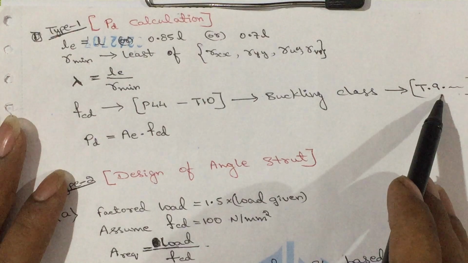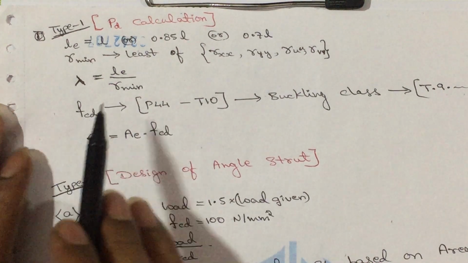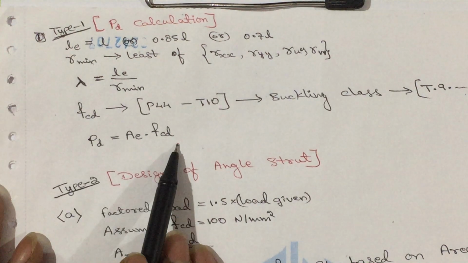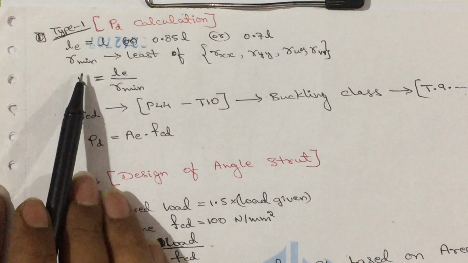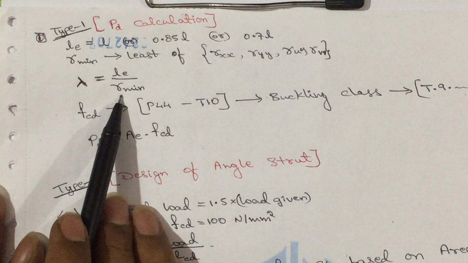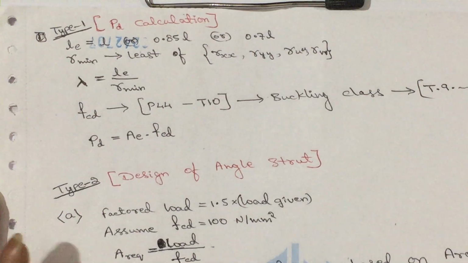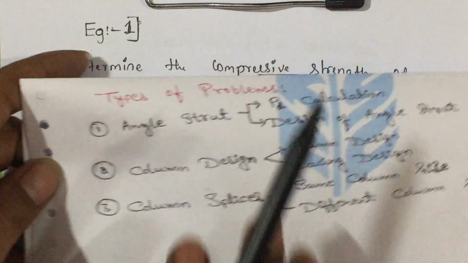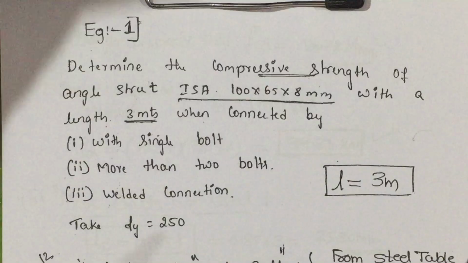In this table, with respect to the lambda and Fy value, we are going to get FCD by using interpolation. Then PD is equal to AE into FCD. I will recap. First effective length, then R minimum, then lambda is equal to LE by R minimum, then FCD, then PD is equal to AE into FCD. This is regarding the first type of problem, that is angle strut, in that PD calculation.